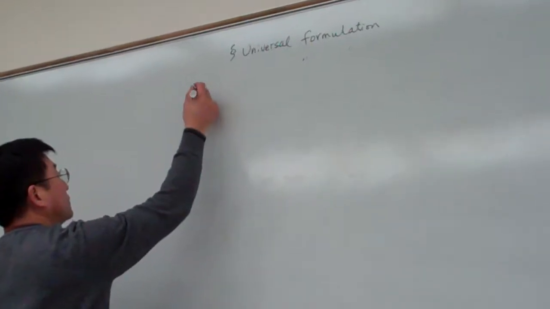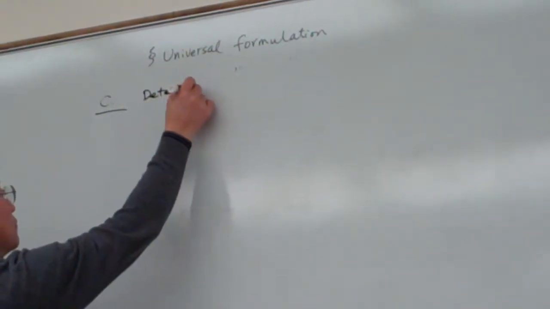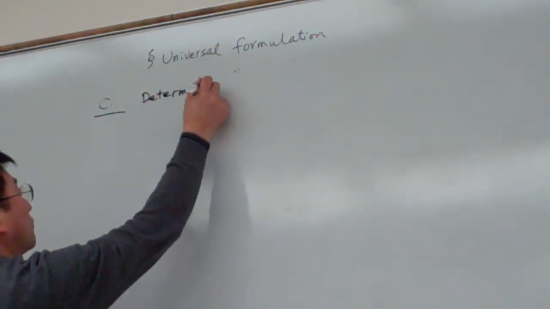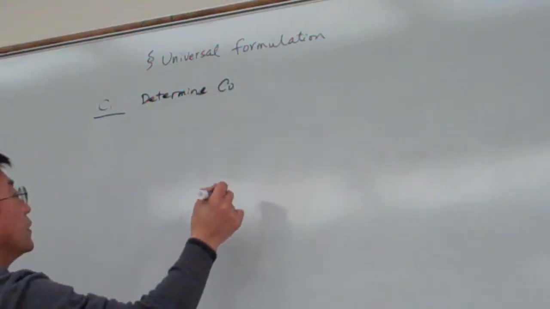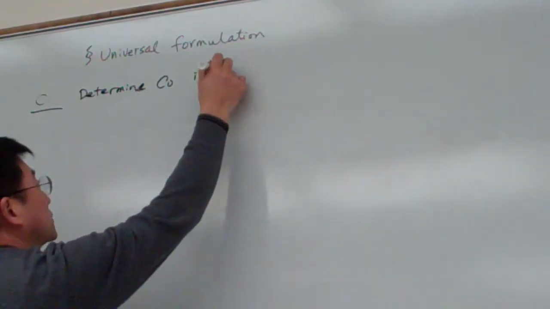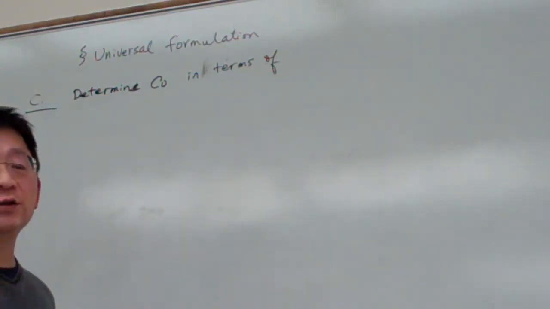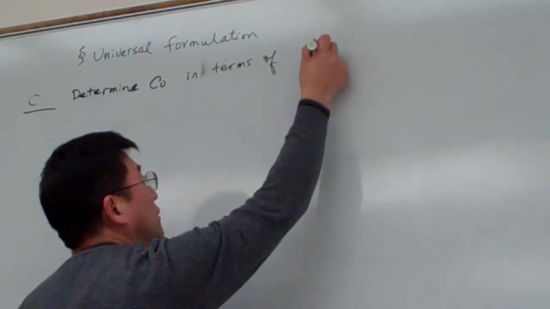So C is determined. C0, and in particular, we want to express C0 in terms of our initial position and initial velocity.